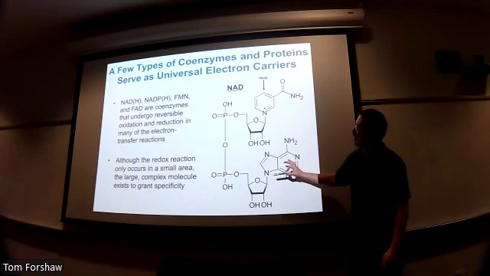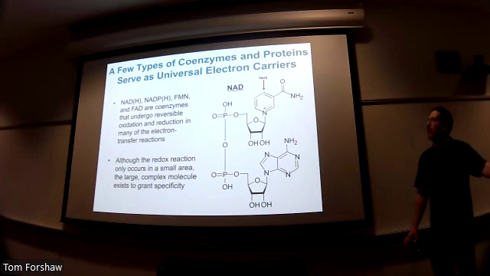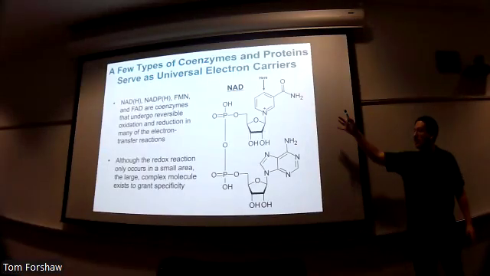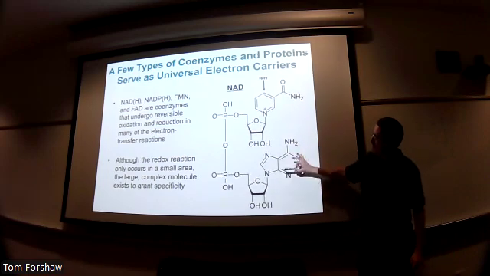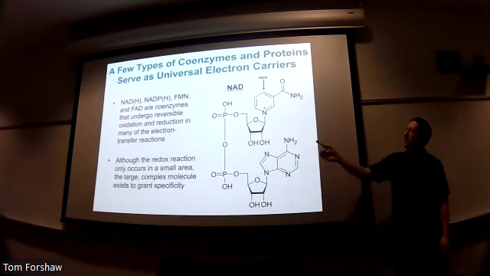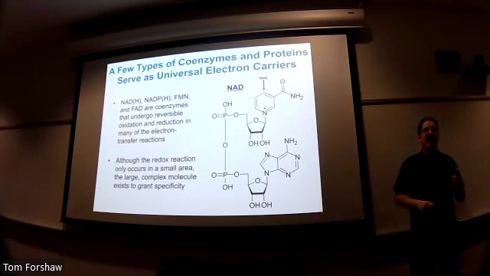Interestingly, what do you notice about this structure? What family of molecules would you say this structure belongs to that we've studied recently? Nucleotides. Nucleic acid is when you put together nucleotides, but this is a nucleotide, right? Because there's the base, there's the sugar, there's the phosphate, and actually the D in NAD stands for dinucleotide.